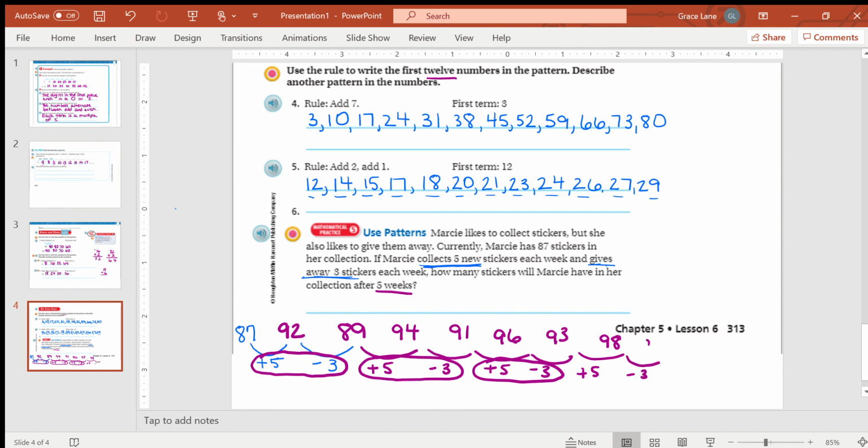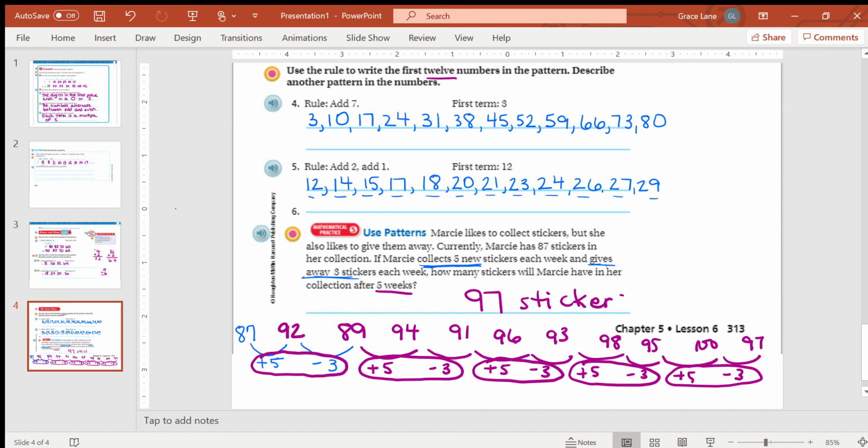Minus 3, now she has 95. That's 4 weeks. Alright, one more time for 5 weeks. Plus 5. Now she has 100 stickers. Minus 3 would be 97. Your final answer should be that she has 97 stickers.